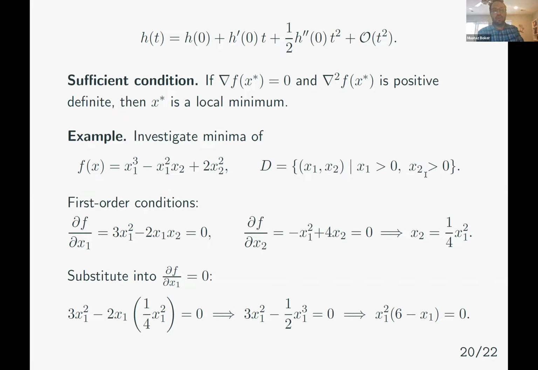First, notice that this is a scalar, so we don't need the gradient or the Hessian. We do the first derivative and second derivative.